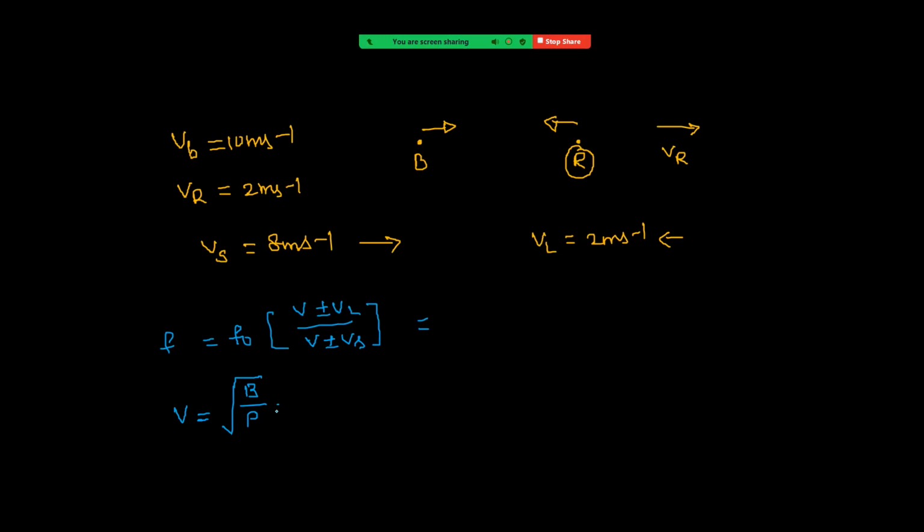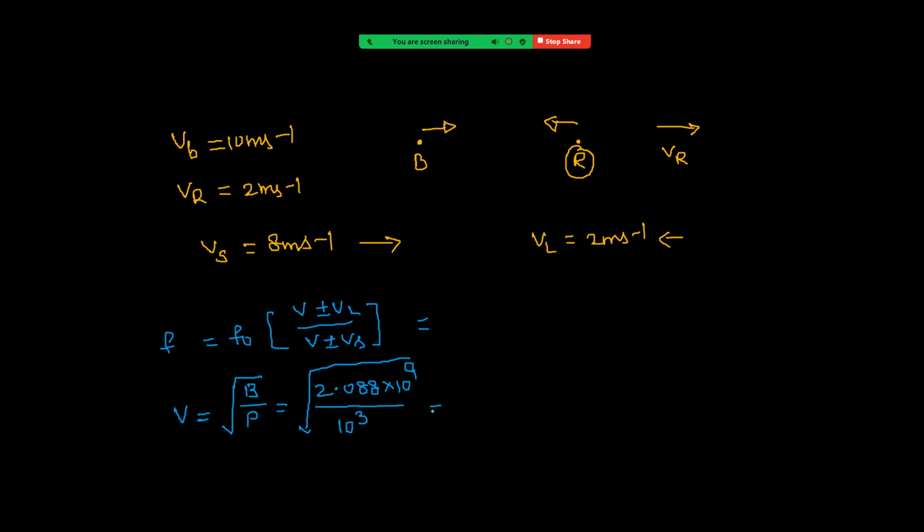We are given the bulk modulus. How much is the bulk modulus given? The bulk modulus is 2.088 times 10 power 9 Pascal. The density of water given is 10 power 3.